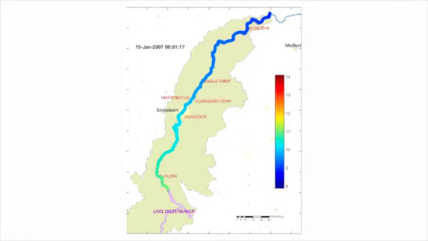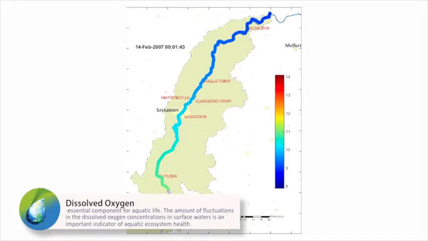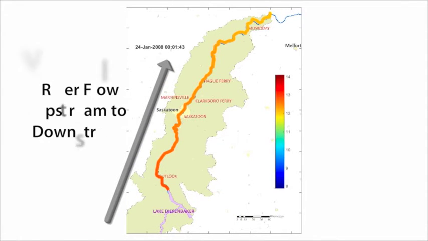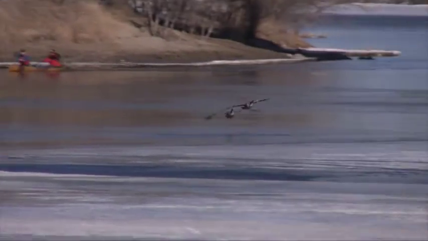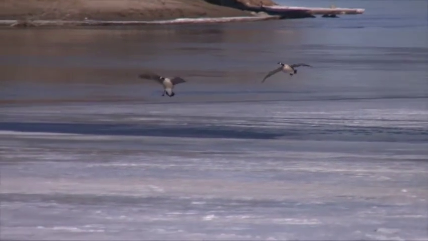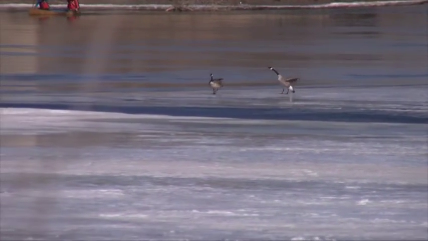In this video, I'm showing you the changes in dissolved oxygen concentrations along the river in wintertime. Dissolved oxygen is relatively constant from upstream to downstream. In some cases, it decreases in a downstream direction. We have found that the river is biologically active in winter time, and nutrients are still transformed and transported under ice-covered conditions.